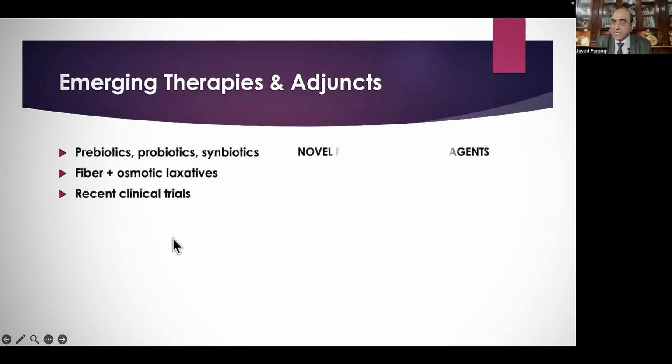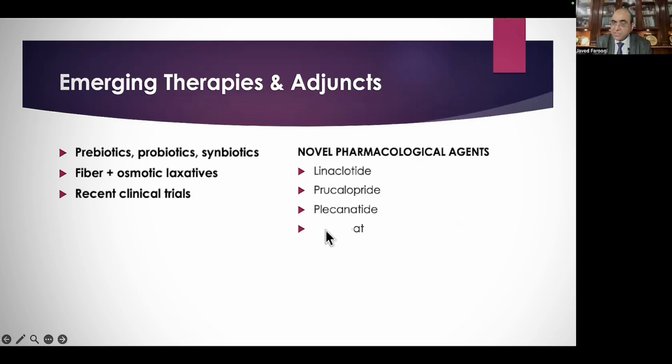The recent clinical trials are about the novel pharmacological agents like linaclotide, prucalopride, which is available in Pakistan, then plecanatide, and elobixibat, and of course the peripherally acting opioid receptor antagonist, that is naldemedine.